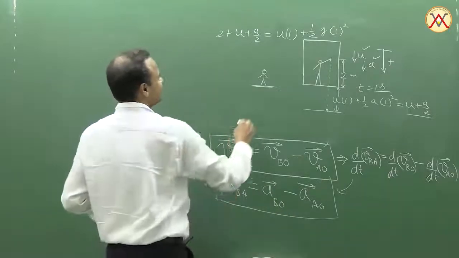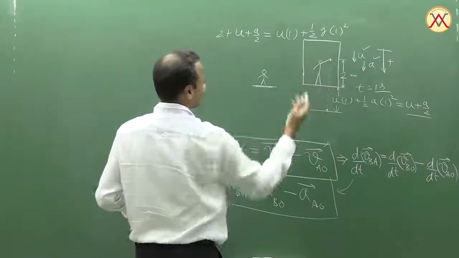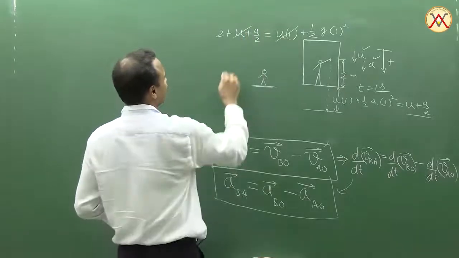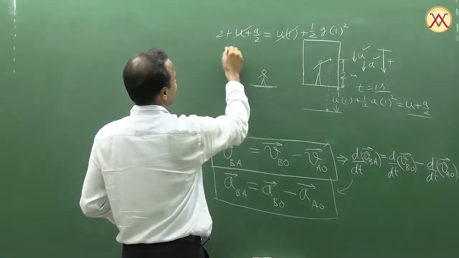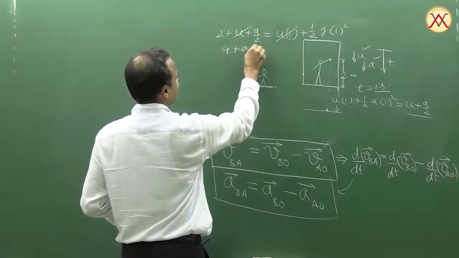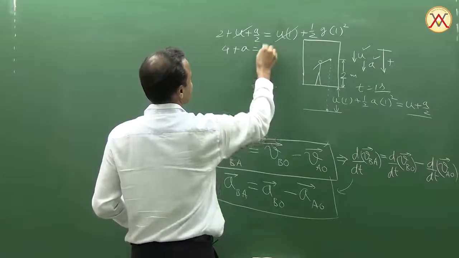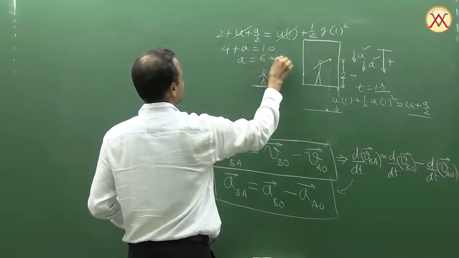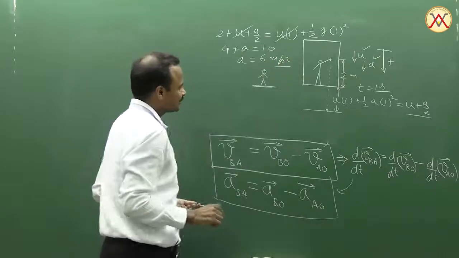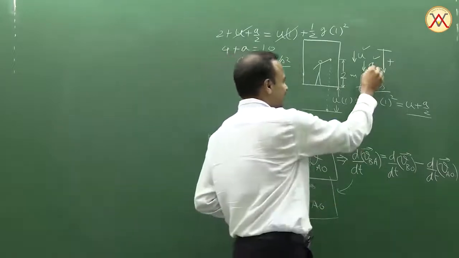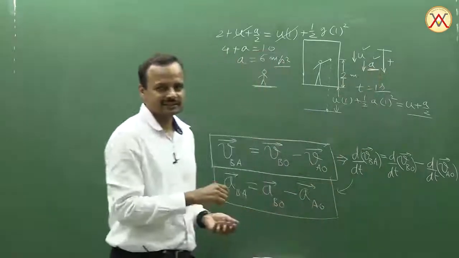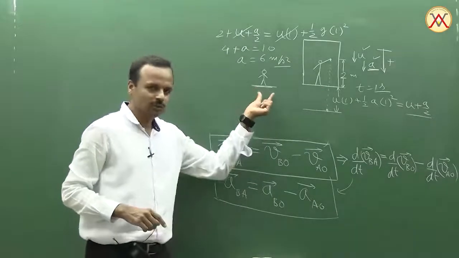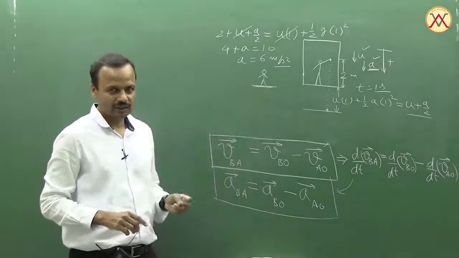You can see the initial velocity of the elevator, which was not known, doesn't matter because it is cancelling out. And if I multiply this equation by 2, I get 4 plus a is equal to g, which is 10. I am getting a is equal to 6 meter per second square. So the acceleration of the elevator is 6 meter per second square. This we calculated using the earth observer.